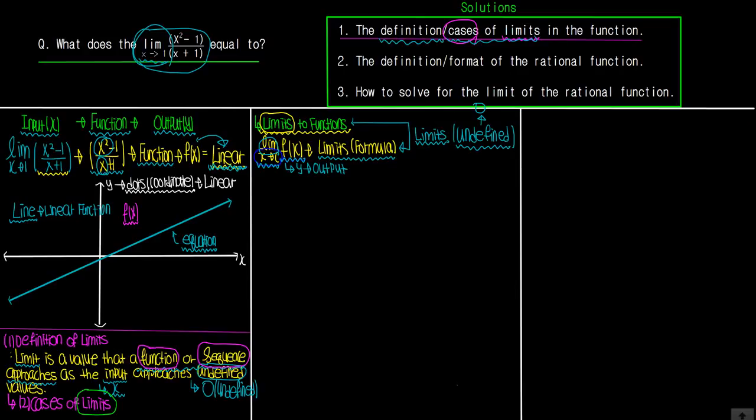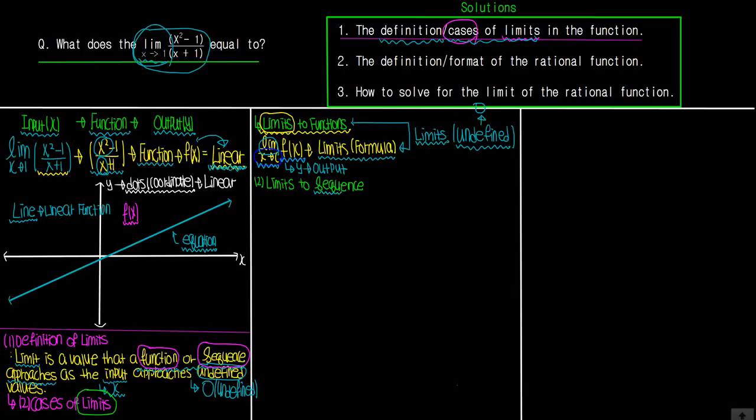Now let's think about the second case. The second case is when you apply our limits to our sequence. Before we think about limits applied to a sequence, we need to think about the definition of a sequence.